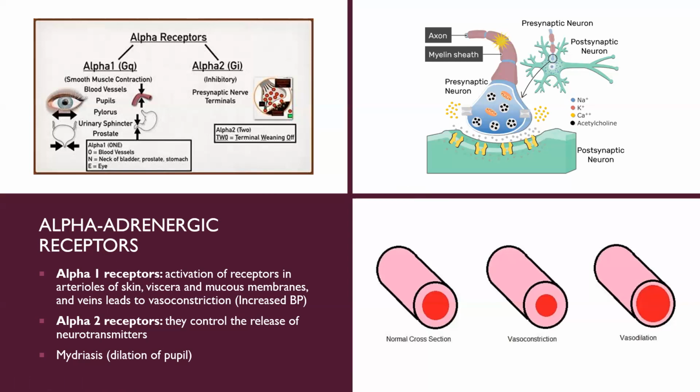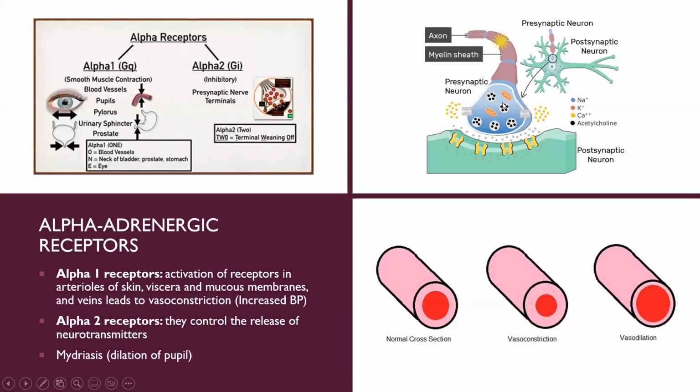The alpha-2 receptors, they control the release of neurotransmitters. So what you have here is alpha-1 are located on the postsynaptic effector cells. So that's the tissue, muscle, organ, or the nerve stimulant. So what we're talking about here is this little postsynaptic neuron here, as opposed to alpha-2, which are located on the presynaptic neuron.